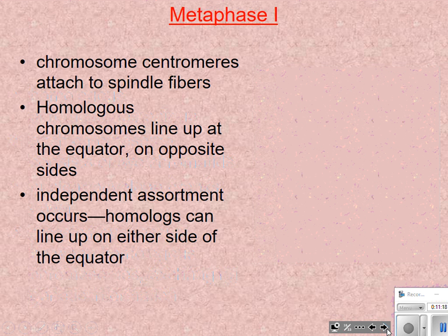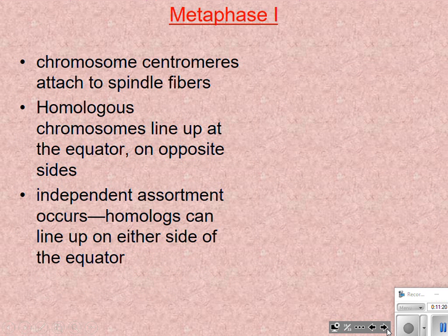Well, what did we say with metaphase when we were talking about mitosis? Metaphase equals middle, right? So, the chromosomes' centromeres are attaching to the spindle fibers. The homologous chromosomes line up at the equator on opposite sides.